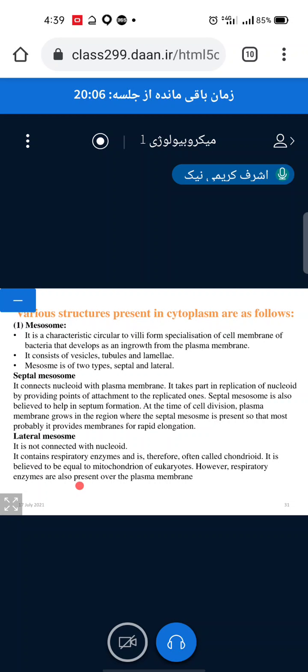In eukaryotes, in plant cells, animal cells, protozoa, and fungi, we have mitochondria for respiration and metabolism. But bacteria don't have mitochondria. Instead, bacteria have the cell membrane and the mesosome in the cytoplasm related to the cell membrane, responsible for respiratory enzymes.